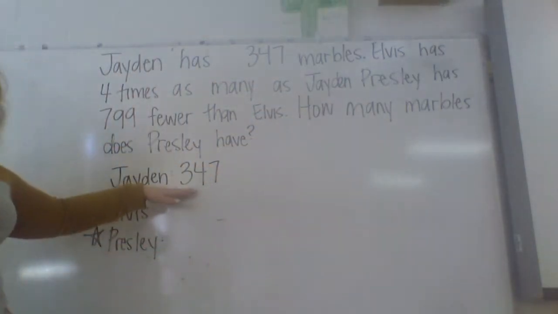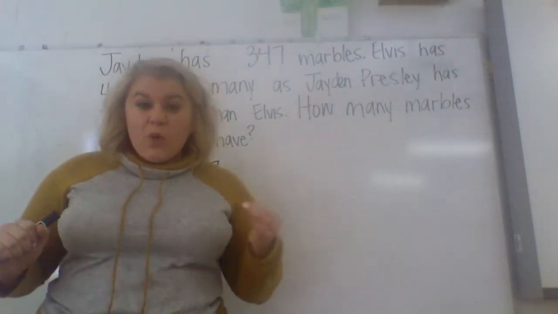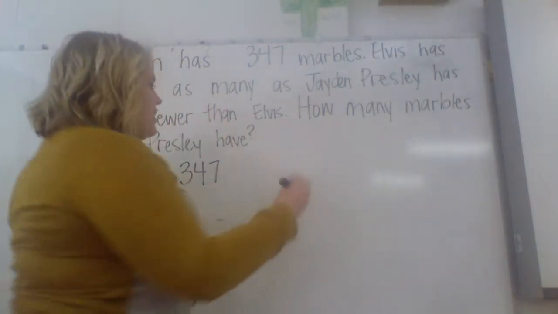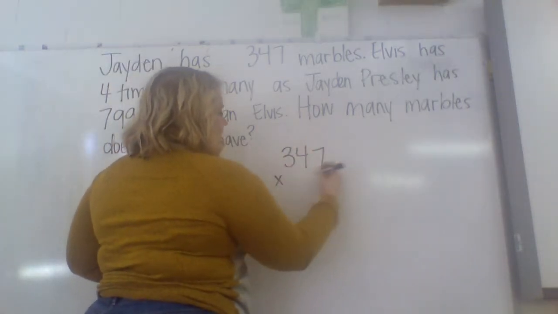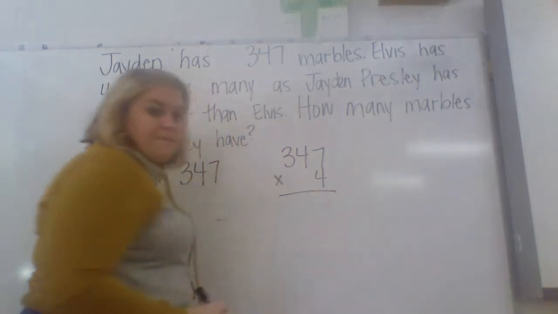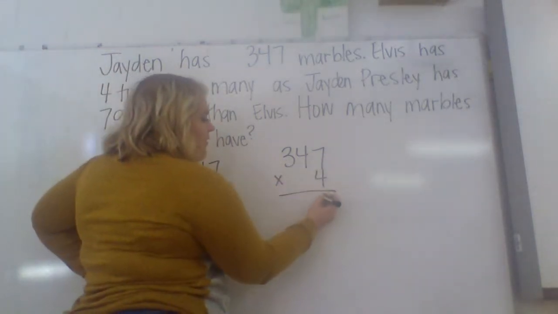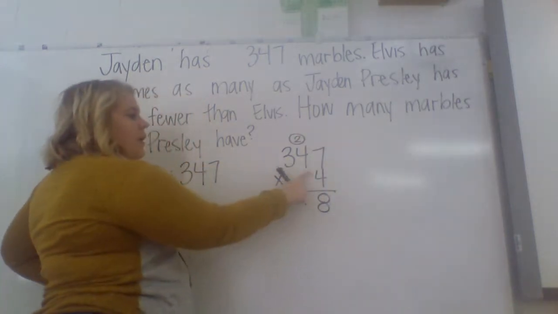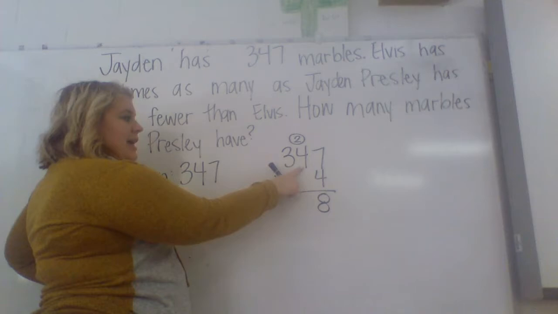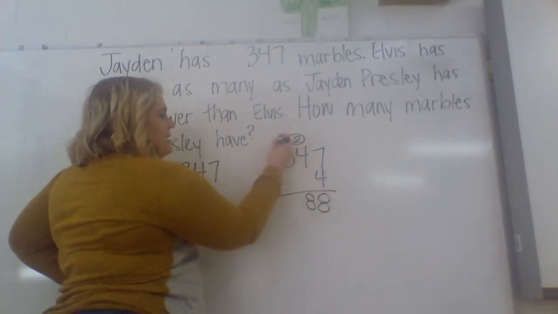So if Jaden has 347, then to find how many Elvis has, if he has 4 times as many, that means we need to multiply 347 times 4. So when we do that, 4 times 7 is 28. 4 times 4 is 16. 16 plus 2 is 18.